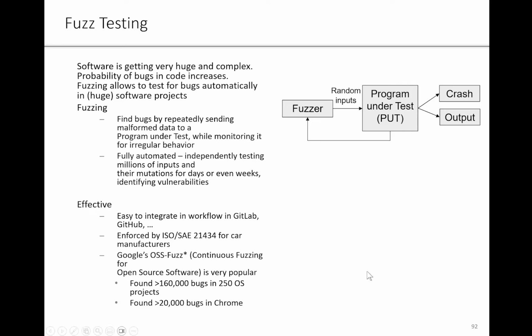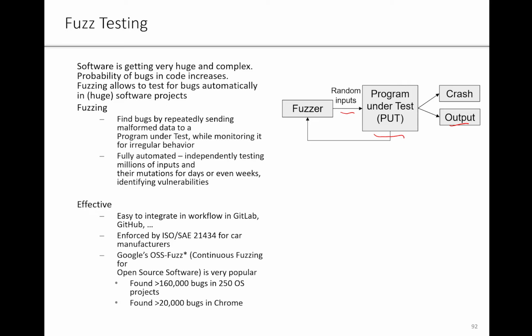So let's look into fuzz testing. What is fuzz testing? Very generically spoken, you have a program under test. It has some input interface, it has some output interface. Very simple.